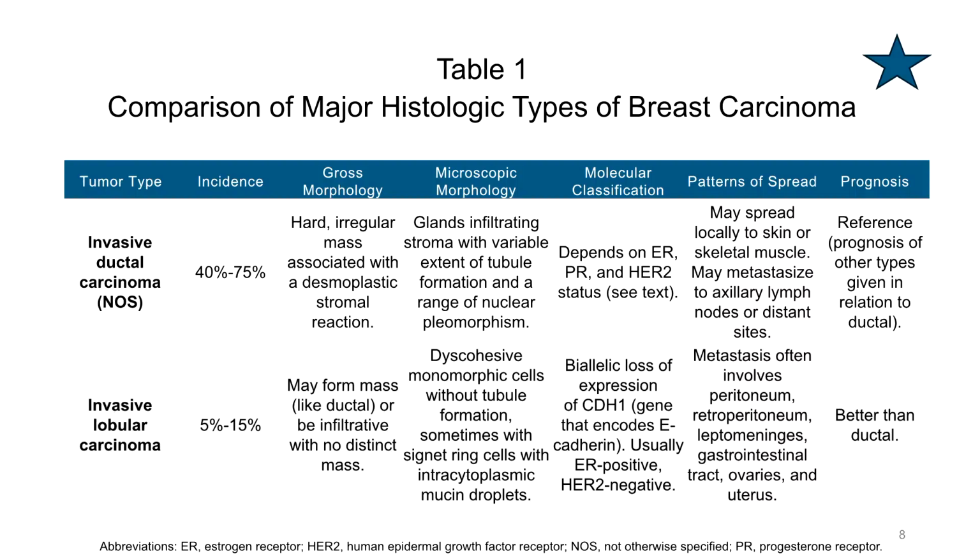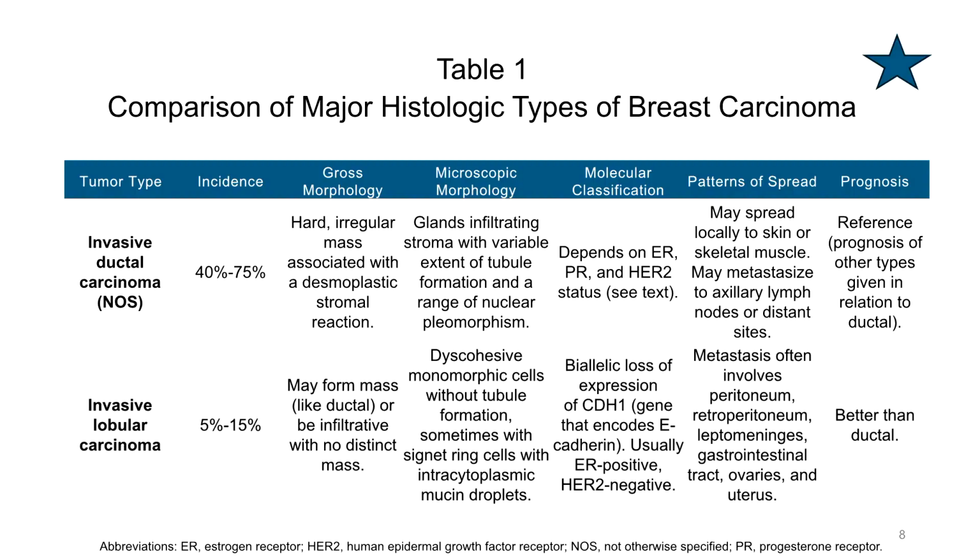The invasive ductal carcinoma is going to be a hard, irregular mass, and the invasive lobular will also form a mass like the ductal, or it could be infiltrative with no distinct mass. That is on the gross anatomy.